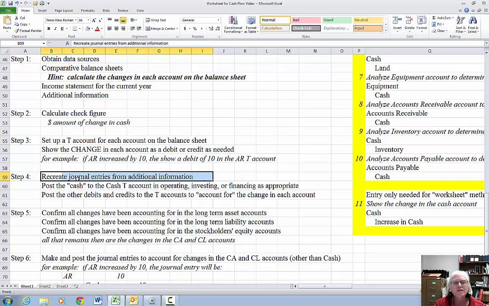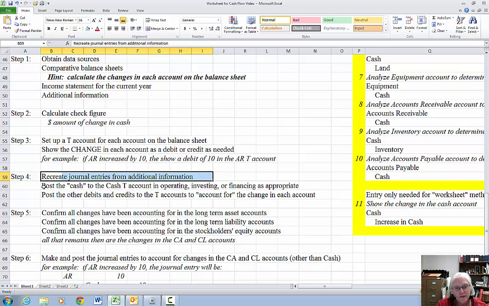These journal entries are kind of worksheet entries only. They are only to help you work the cash flow statement. They are never put into the set of books because everything that we're recreating has already happened and we don't want to double count it. So these are just like on the side, on a piece of paper, nothing to be entered formally in the accounting records.